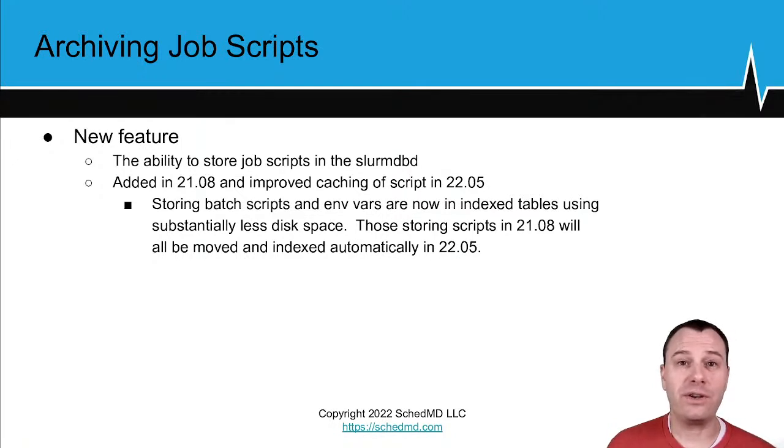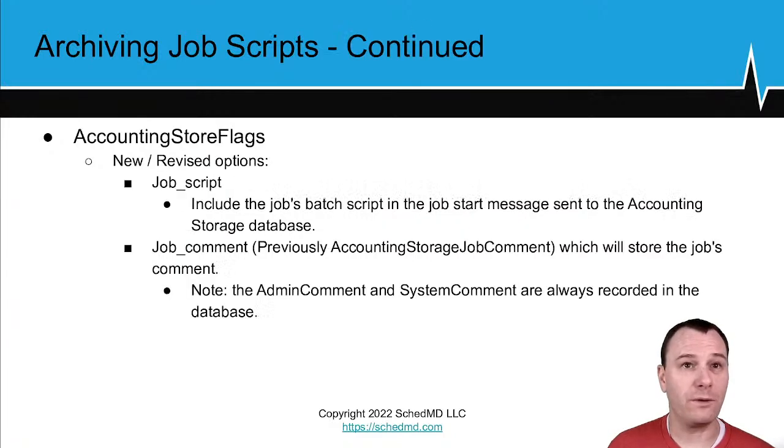To use this feature, there are a few changes you need to make in your configuration that I'll go over. To enable this feature in your environment, you'll need to have the Slurmdbd enabled and configured correctly in the Slurm controller. Then in your slurm.conf, you will need to add the new AccountingStoreFlags=job_script. This will instruct Slurm to archive job scripts into the database for later retrieval.